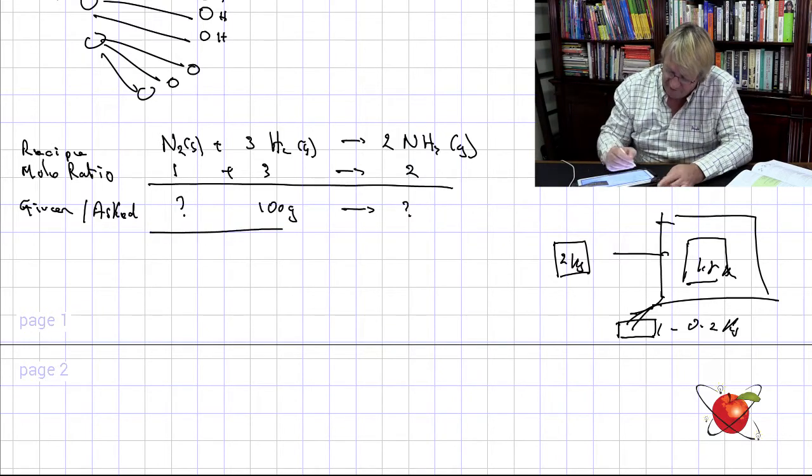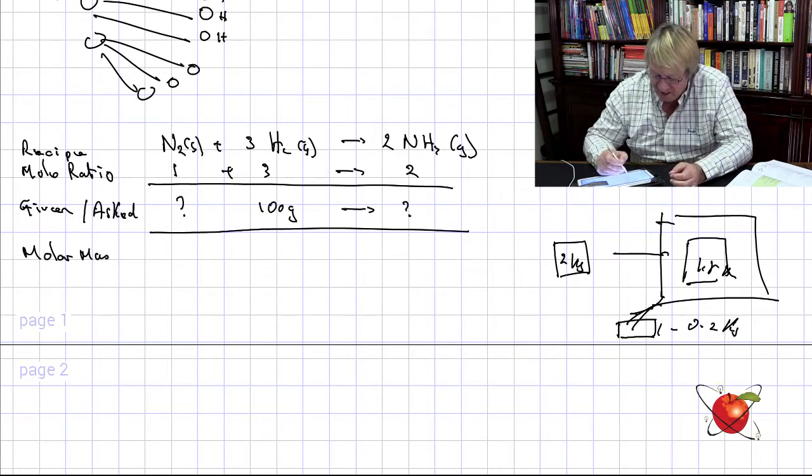Okay. First thing we do, molar mass, right? Obviously, we're only going to do the molar mass of what we're asked for. What's the molar mass of hydrogen? Of a single hydrogen atom, right? Its molar mass is 1. But because hydrogen is diatomic, the molar mass of this is 2. Okay? That's a sticking point that everybody has, right?